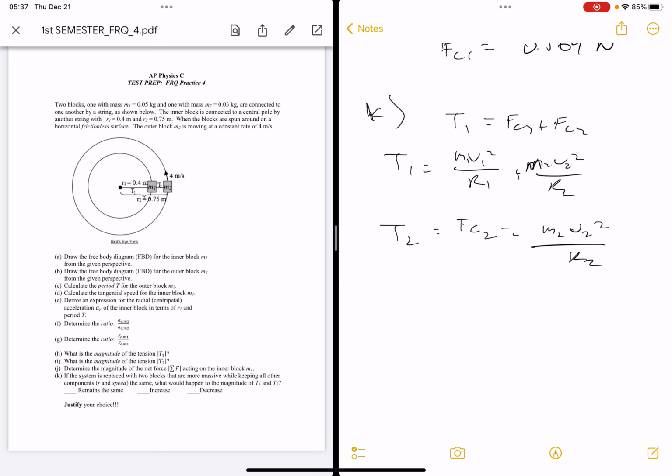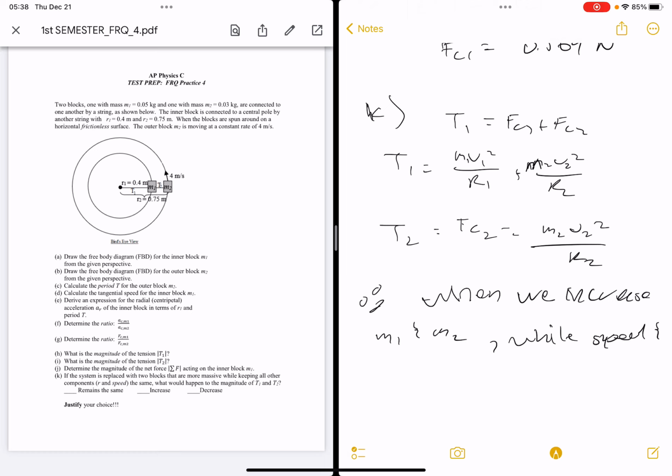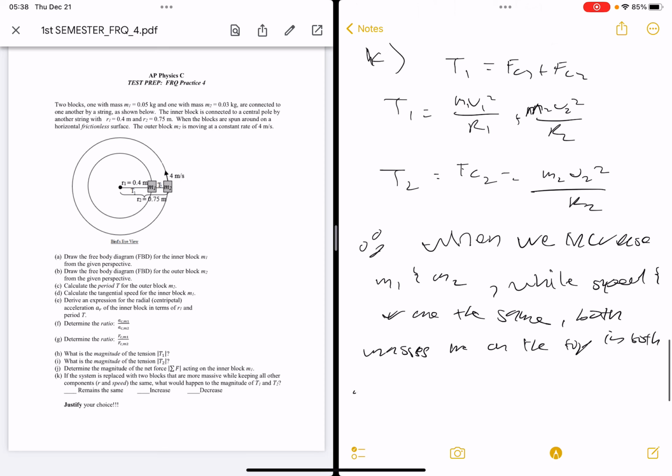And we see here that when we increase mass 1 and mass 2, while speed and R are the same, both masses are on the top in both equations.